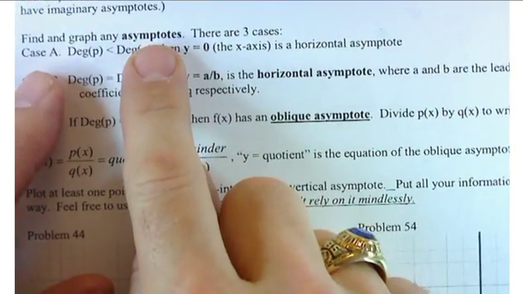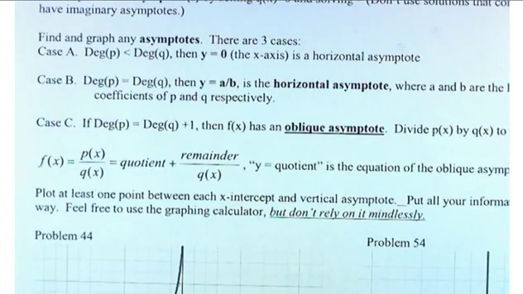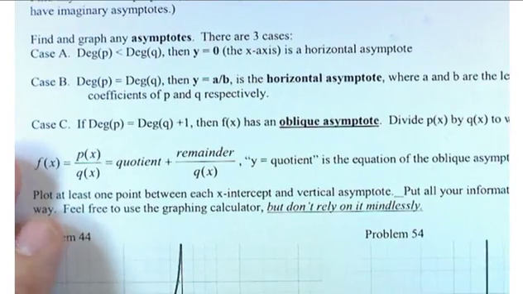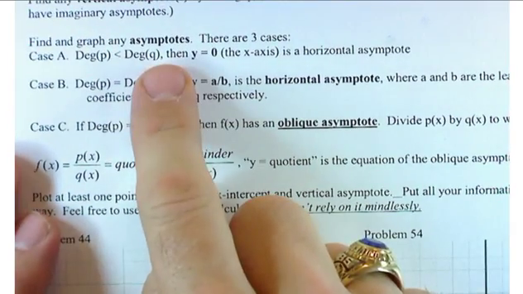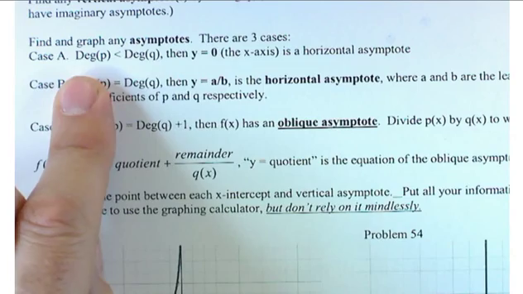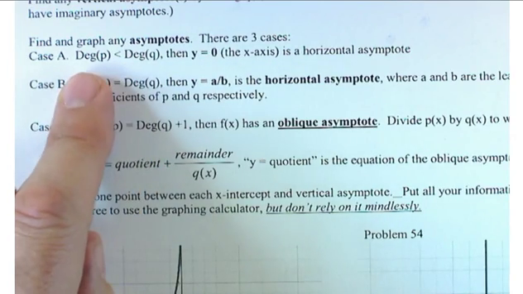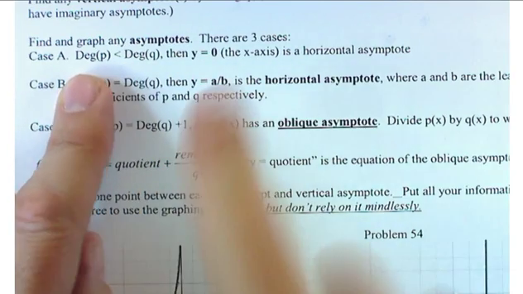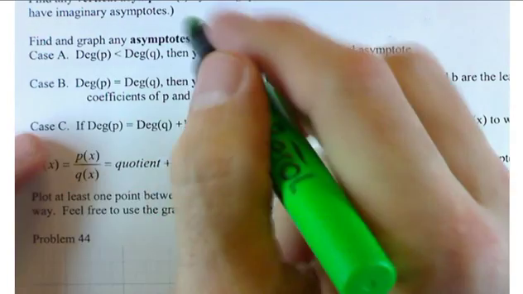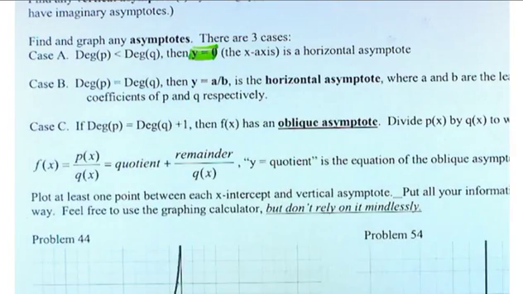For your other asymptotes, there are 3 different cases. The first case is if the degree of the denominator is bigger than the degree of the numerator. In that case, y equals 0 is going to be your horizontal asymptote. The next case is if the two are equal to each other.